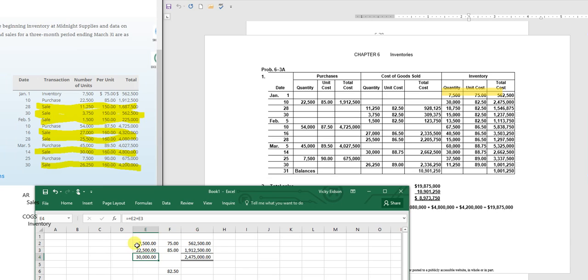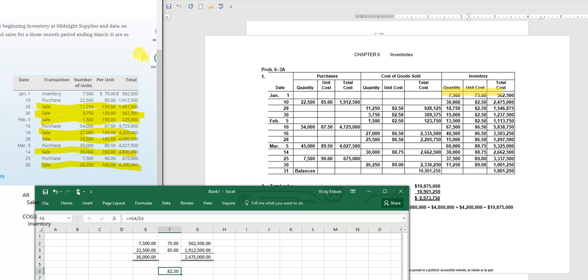Okay, so now my 30,000 is just those two cells added together, and I want my total cost, which is those two cells added together, and then I want my cost per unit. So this one's my cost, this is my units, so 2,475,000. This cell divided by units gives me an average cost of 82.50. So that's how they get that 82.50.